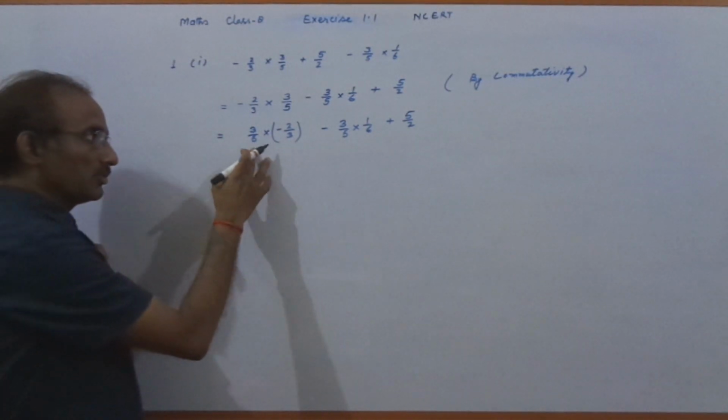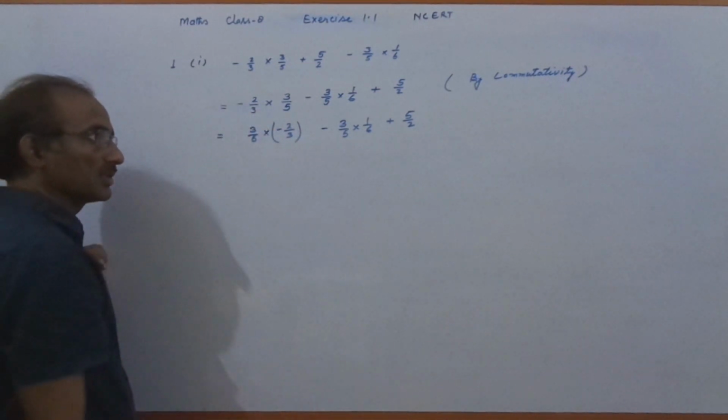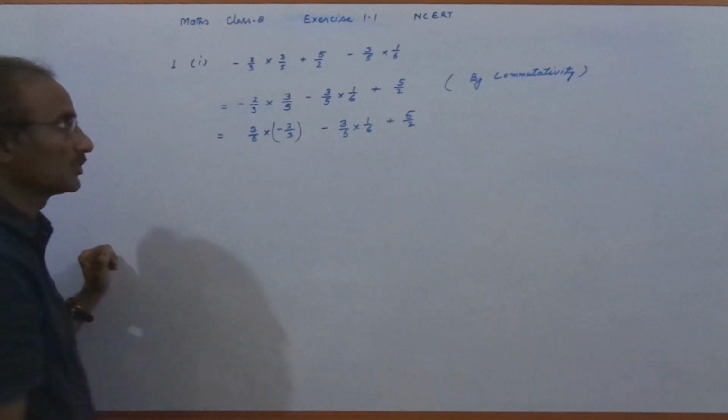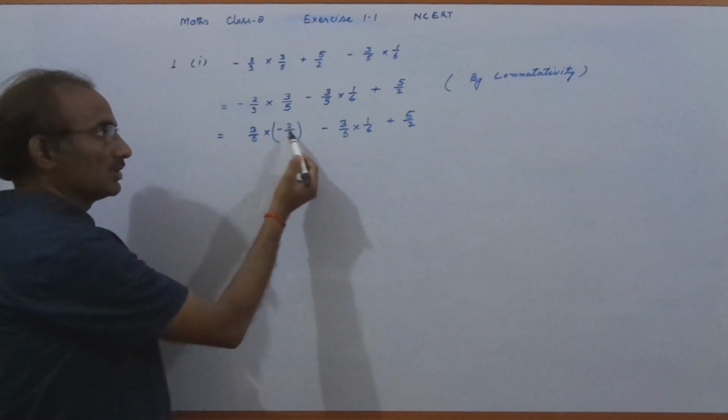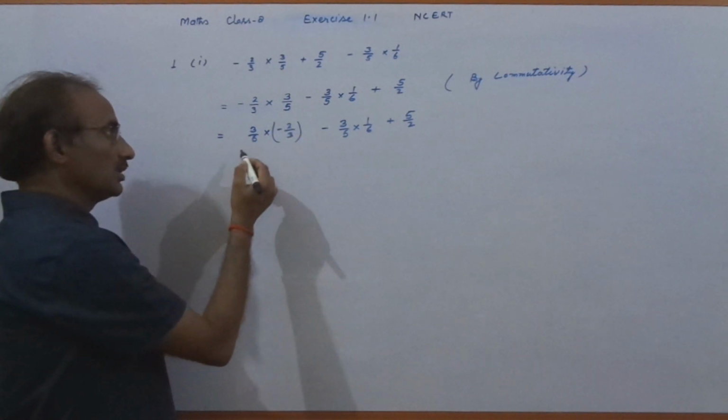Here we use commutativity for multiplication of rational numbers. So A into B can be written as B into A.